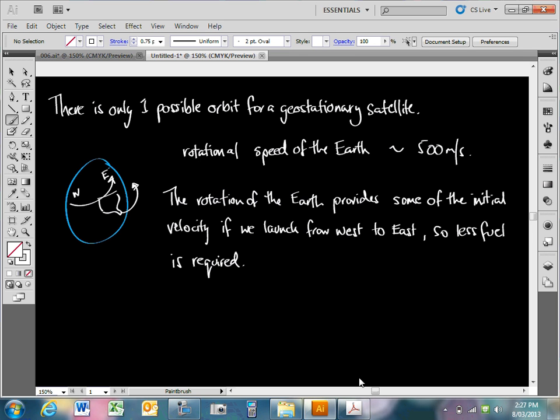It takes more fuel to get up to 1800. Somebody's calculated about 1800 kilometres an hour, 500 metres per second, and so it takes some fuel to get to that speed, of course, to propel something that massive to that speed. So they want to save that fuel.